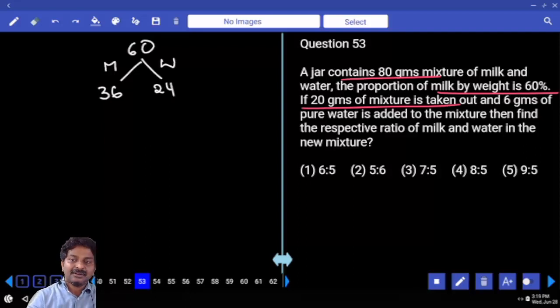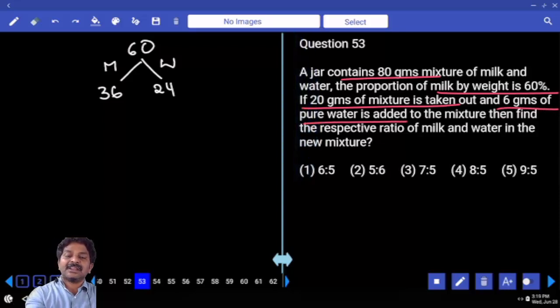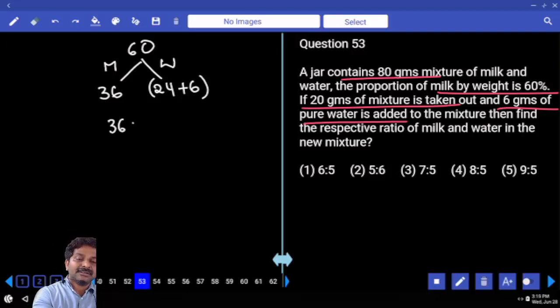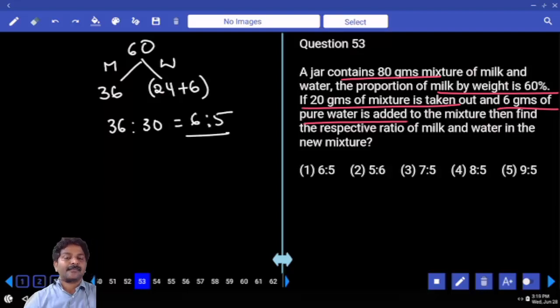Yes, 20 grams is taken out. Then what happened? 6 grams of pure water is added. Now the ratio between milk and water is 36 and then 30. 6 times, 5 times.